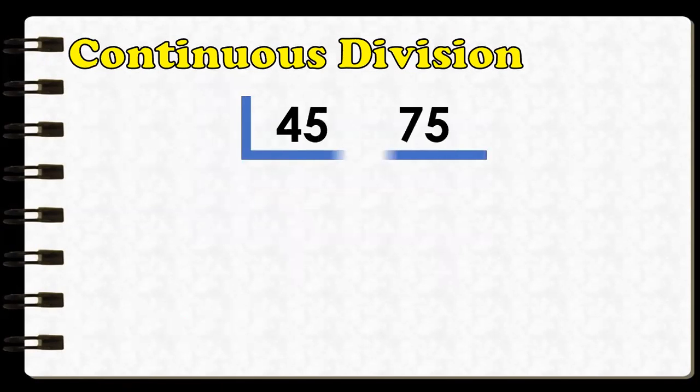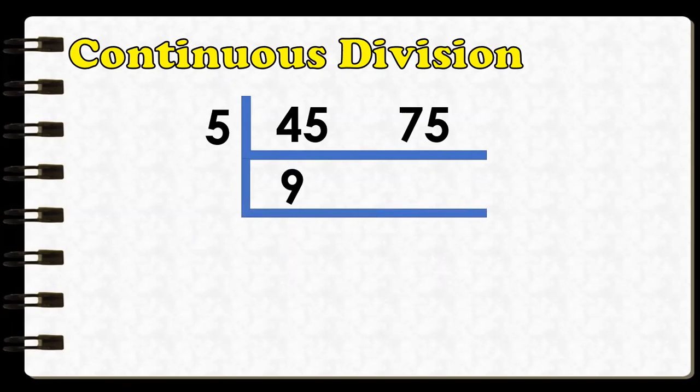Let's have more examples. We have 45 and 75. Think of a prime number you can divide both 45 and 75 with. That is 5. 45 divided by 5 is 9. 75 divided by 5 is 15. For 9 and 15, we can divide by 3. 9 divided by 3 is 3, and 15 divided by 3 is 5.